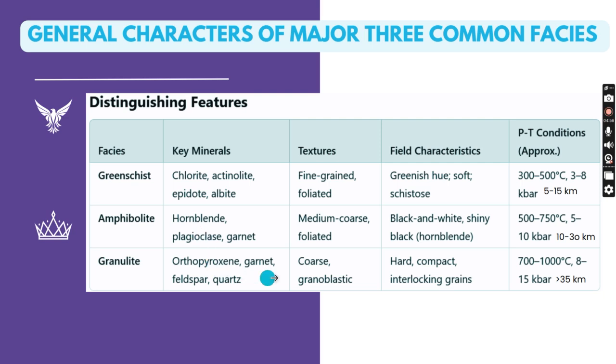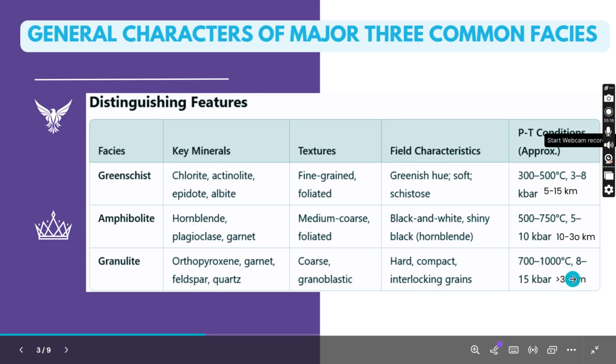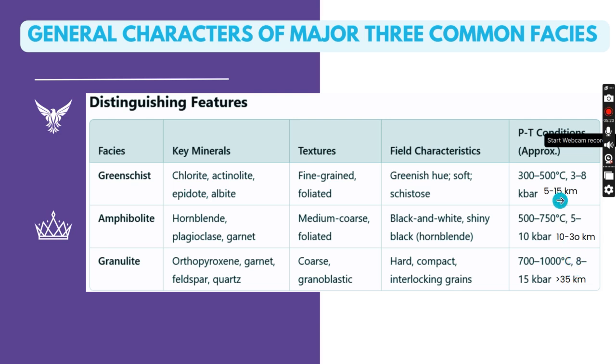By the time granulite is reached, graphite content is gradually reduced. Greenschist facies occurs at 5 to 15 kilometers for a normal geothermal gradient. It can vary. The pressure and temperature conditions as well as depth may vary. Amphibolite ranges from 10 to 30 kilometers, and granulite usually starts at more than 35 kilometers, but that depends, because there are three controlling factors: pressure, temperature, and fluid.